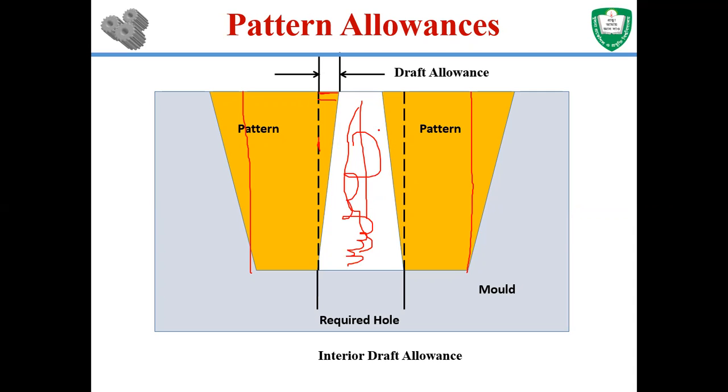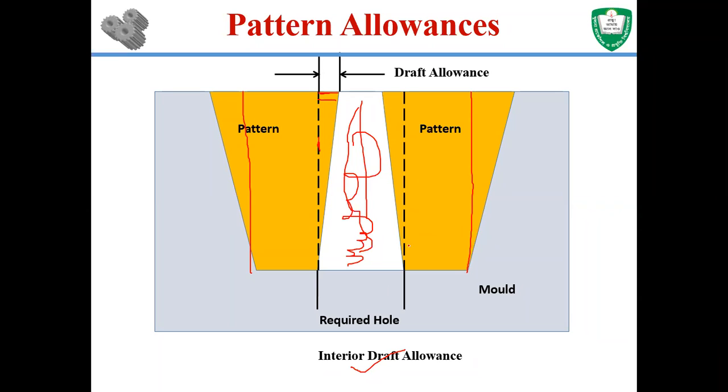That is why you need to provide interior draft allowance to make the pattern removal easier. And not only in sand molding, but also in other molding, you need to provide the draft allowance for the removal of the final product.